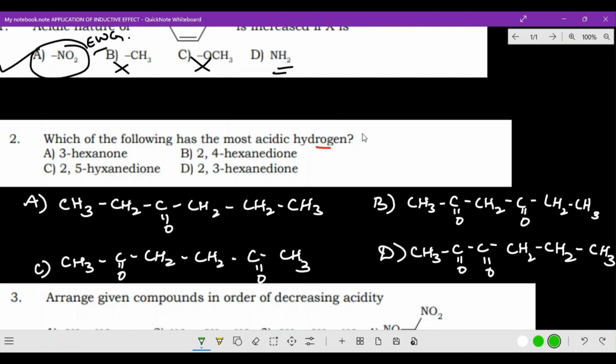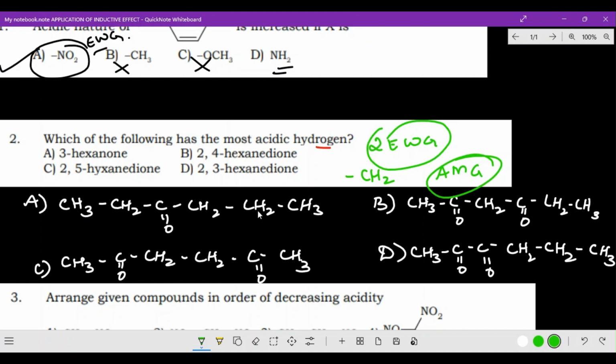See, acidic hydrogen is nothing but a CH2 group with two electron withdrawing groups attached. They will mention the active methylene group only. The active methylene group usually has more acidic strength. So with two electron withdrawing groups, the CH2 group will be in the middle.